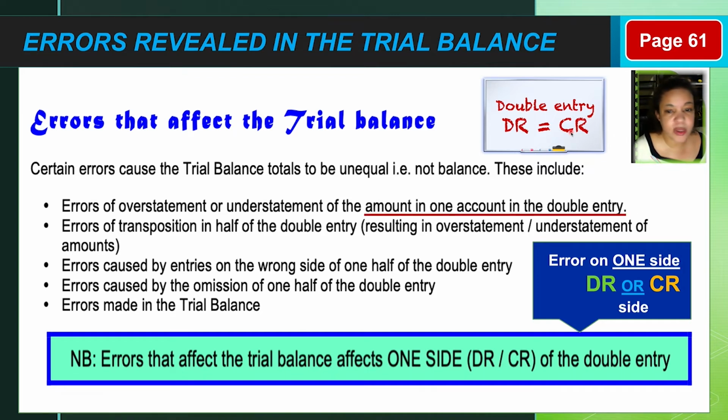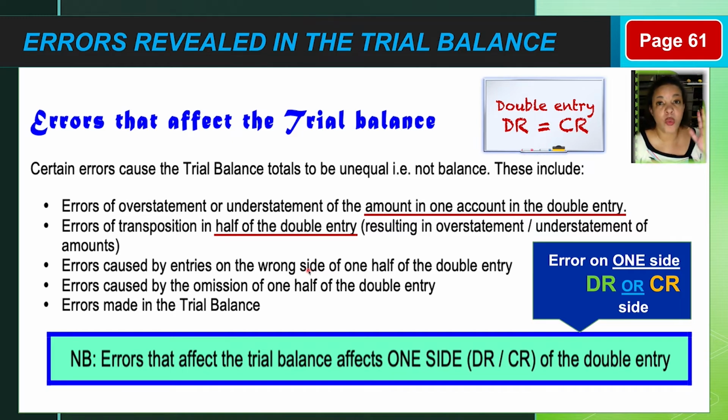So notice all of these errors, whether it be overstatement, understatement, one account or one side of the double entry, transposition, we mix up the numbers, instead of 650, put 560, one of the accounts or one half of the double entry, wrong side, unlike complete reversal where it was both accounts, they put it on the wrong side.